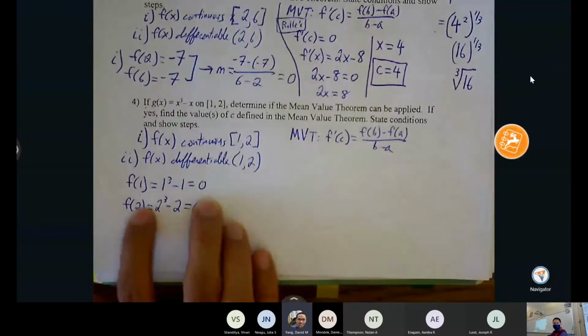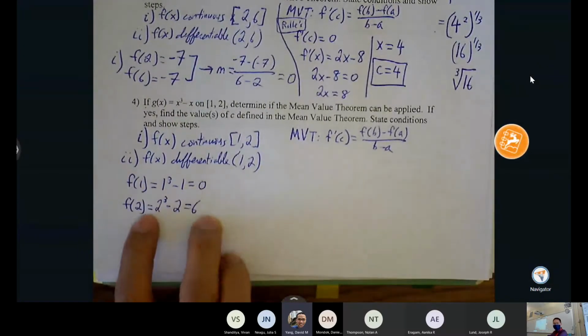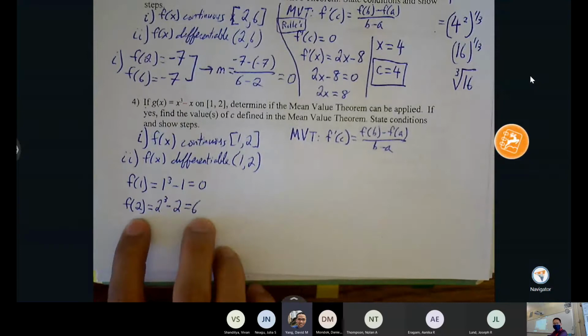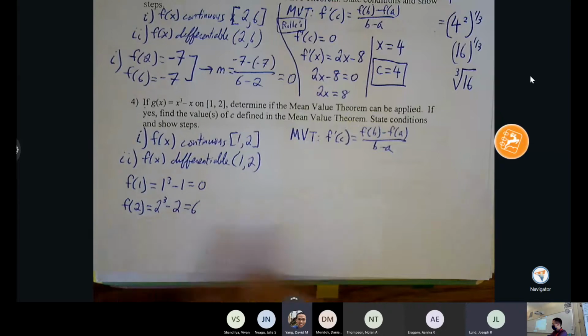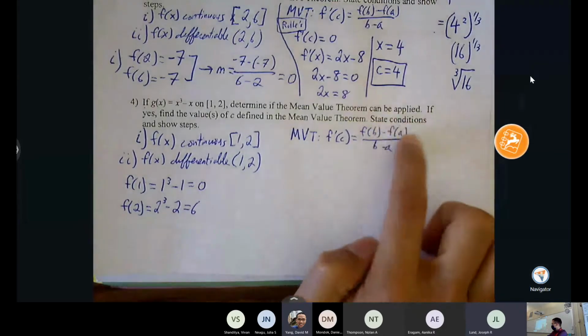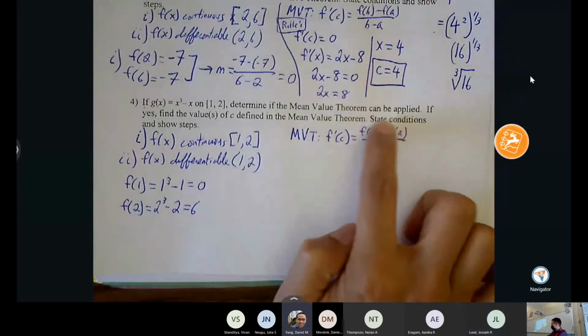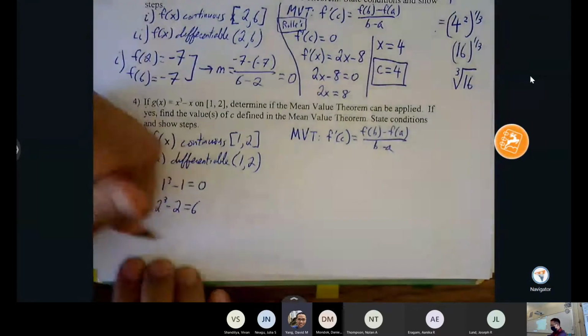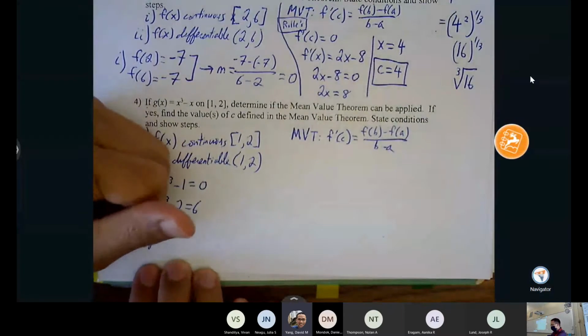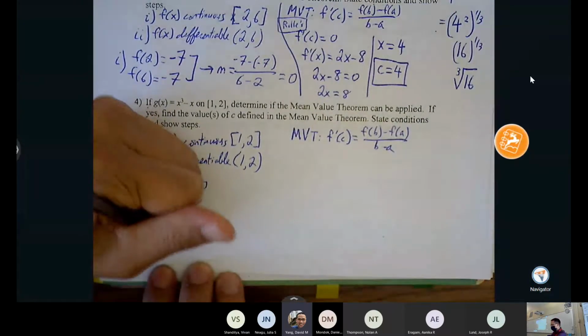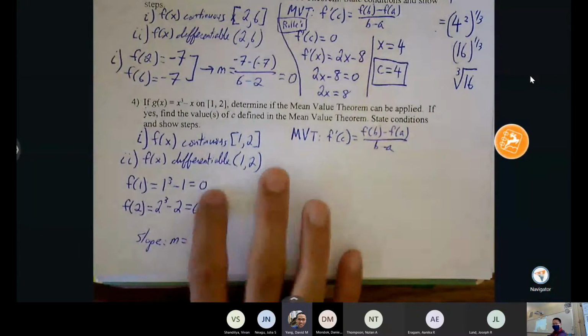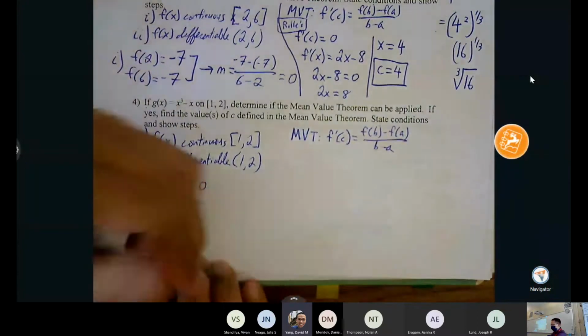All right, we have our endpoints. What's next? Do we plug it into the MVT formula? Yeah. Let's find out the slope, right? Let's figure out what slope we're targeting. So it's change in y over change in x.